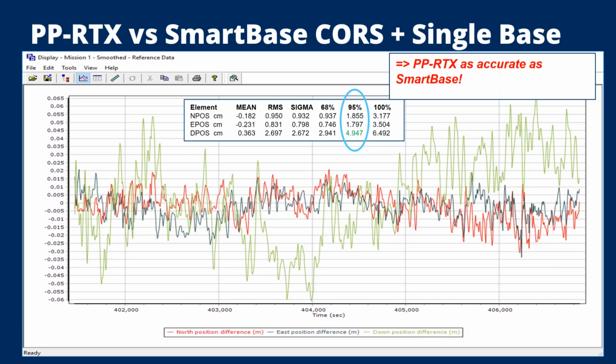The difference only appears later on in POSPAC when you begin post-processing. And PP-RTX will always be available 24/7 across the entire globe in post-processing. If we're speaking about RTX not being available in flight, then that's another topic that we won't really be discussing today. But that would essentially involve some troubleshooting of our GNSS connection.